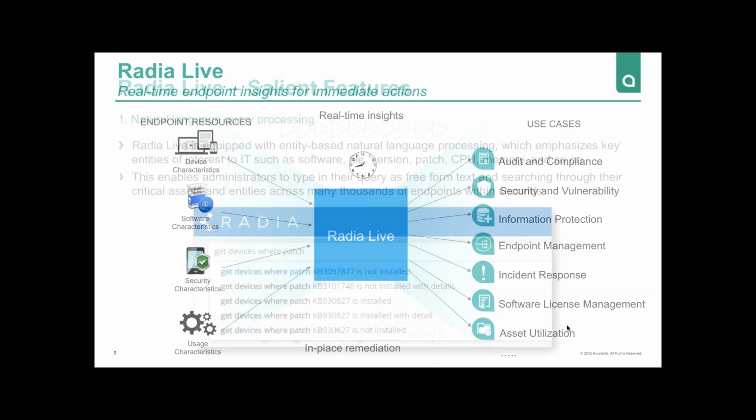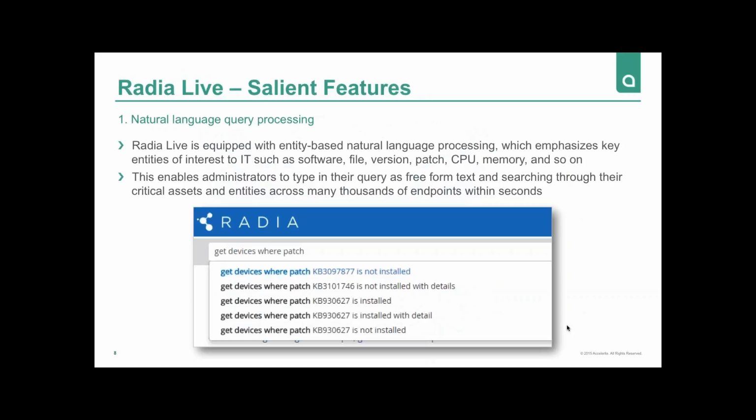Now let's look at some of the salient features that Radia Live brings. The first thing, I think I mentioned that before a little bit. The trick is in not making this overly complex, because if you make a tool very complicated, then adoption is going to go down and it becomes cumbersome to use.